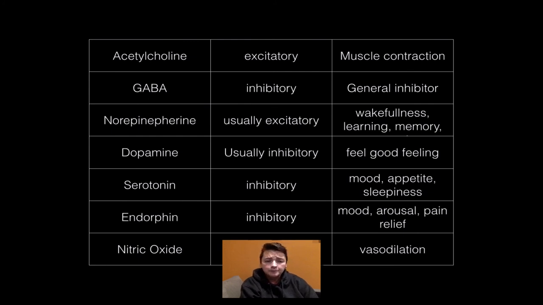Dopamine is one of the things that is generally released to help reduce pain. Opiates, such as morphine and Valium, have a very similar chemical structure and will actually mimic dopamine and hit those receptors and kind of give you that feel-good feeling.